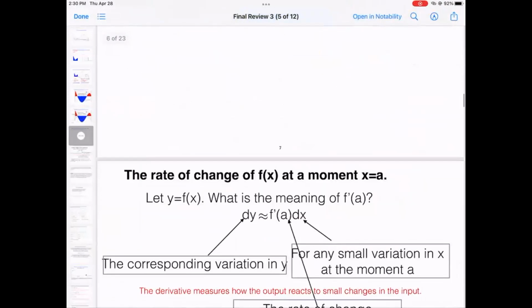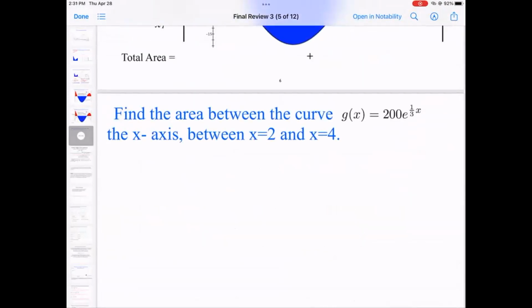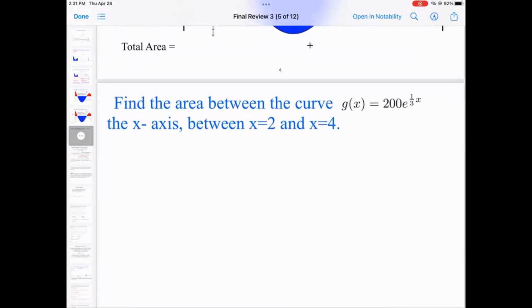All right, here we go. Find the area between the curve g of x equals 200 e to the 1/3 x and the x-axis, between x equals 2 and x equals 4.